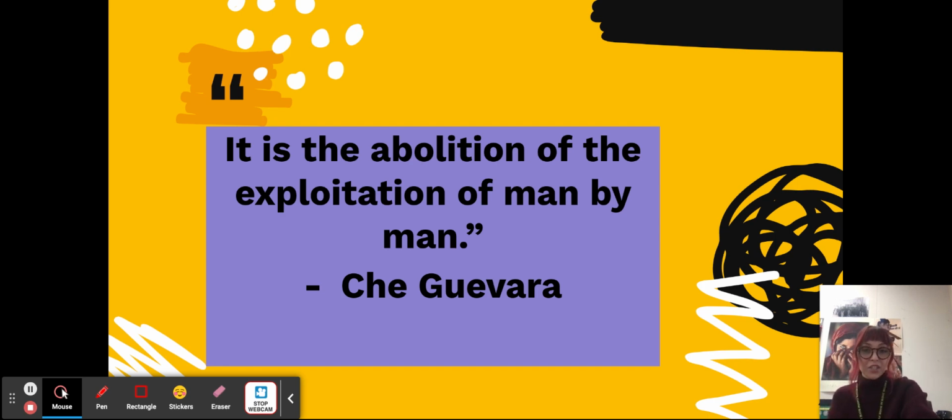And then exploitation is essentially when somebody uses somebody else's labor or takes advantage of somebody else for their own gain. So what would be the system where we are taking away a structure where someone else can take advantage of another person for financial gain? I'll give you just a moment to answer that. Pause if you'd like.